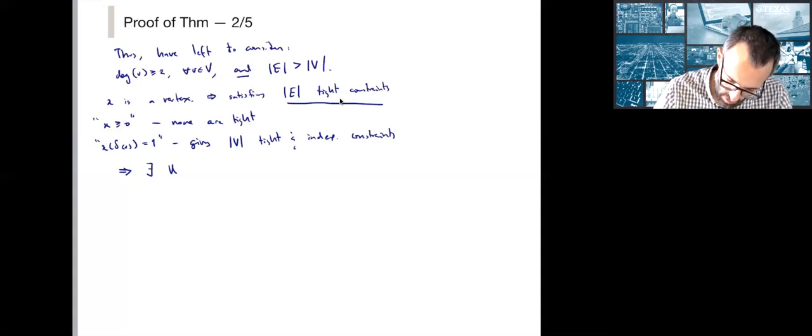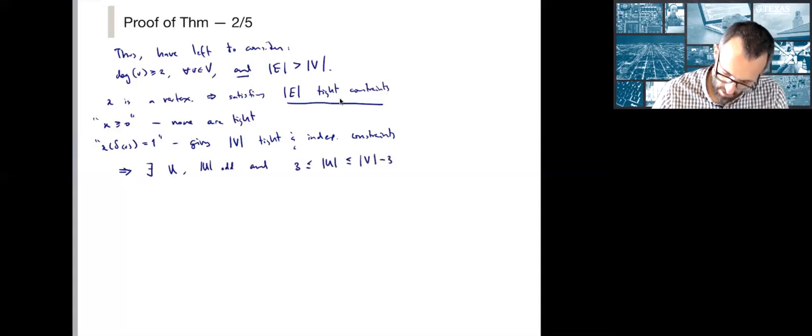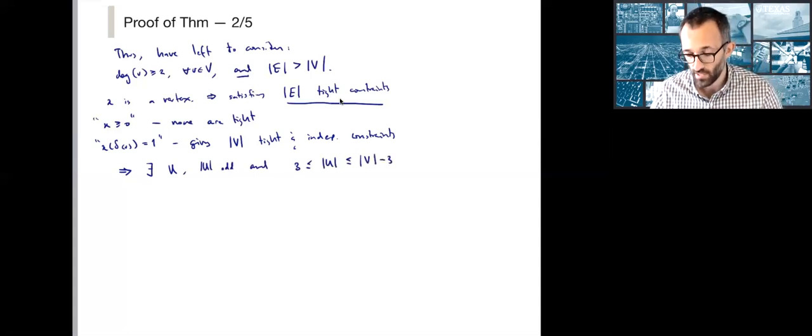There exists U with U odd and U has at least 3 nodes, so it's not one node. That's obvious because then it just coincides with one of the x of delta v equals 1 constraints. We need independent constraints.